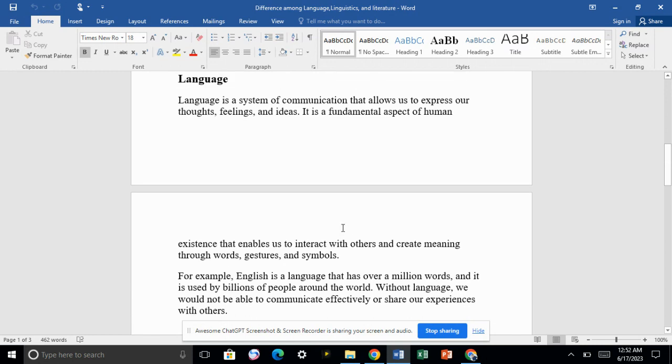But nowadays we have verbal language, in written form and spoken form, so we can communicate with others easily. Why have we selected the English language? Here I mentioned that English is a language that has over a million words, because it has a lot of words.